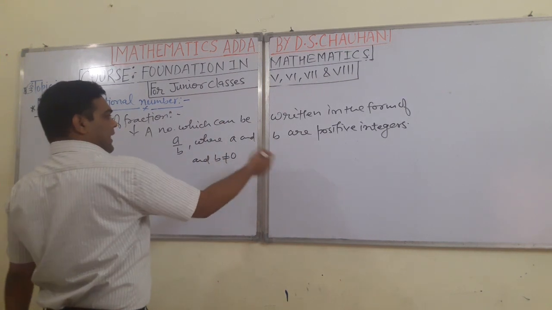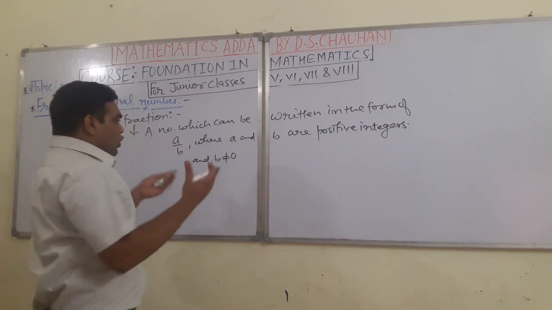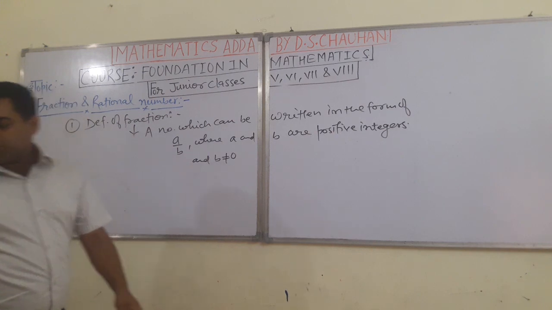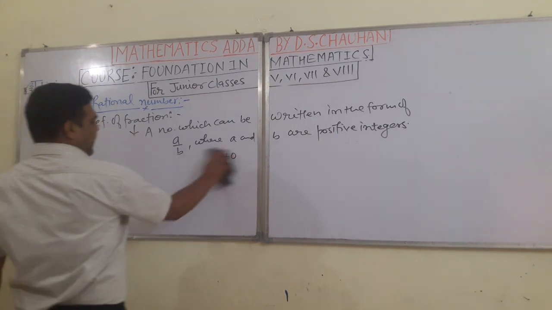Once I am saying that a and b are positive integers, obviously 0 will not come, so no need to write b is not equal to 0. It is under these two.